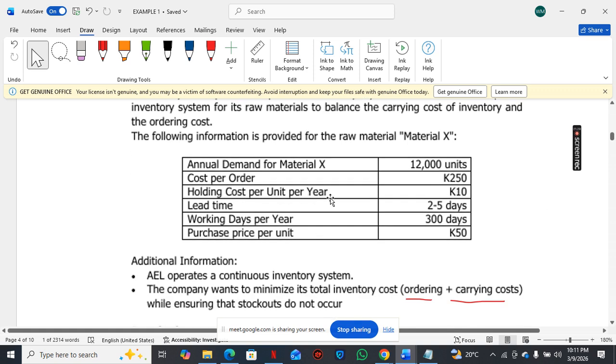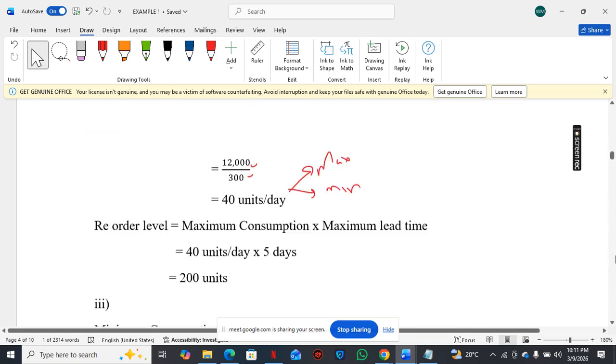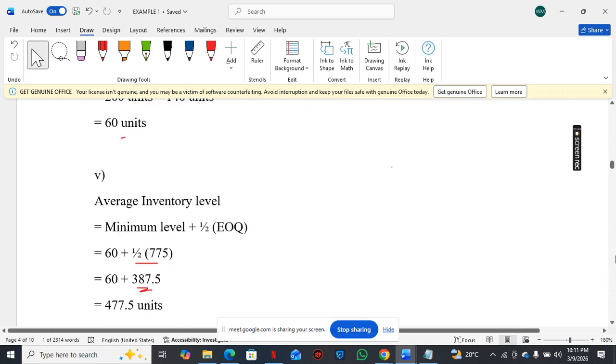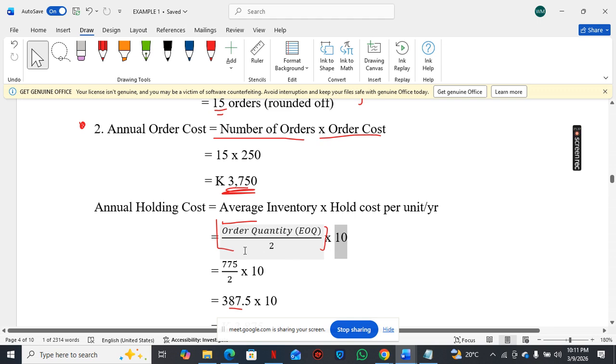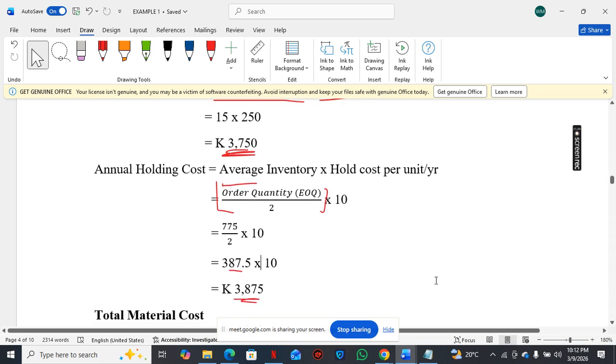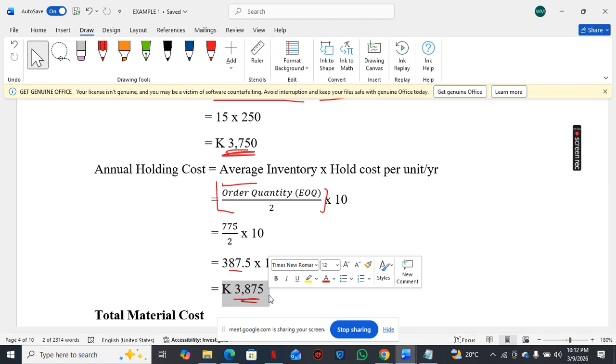Holding cost per unit per year, 10 kwacha. So 775 divided by 2, 387.5, multiplied by 10 is 3,875 kwacha. That is our annual holding cost.